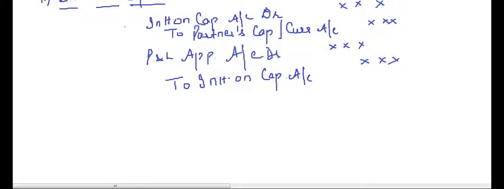Now, if we see the net result of this entry, we can cancel out this interest on capital credit with interest on capital debit.